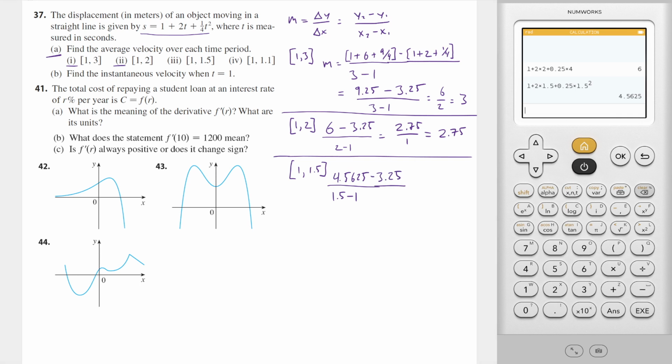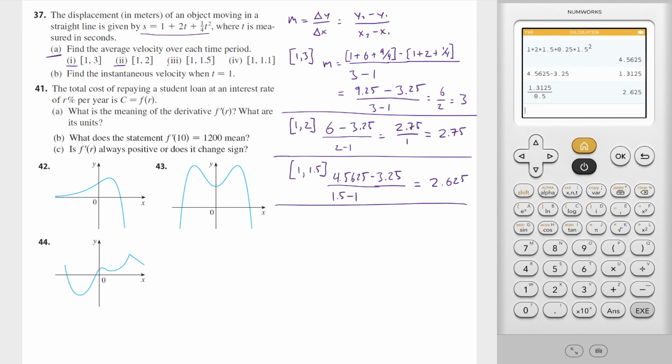Oh, oops, we're going to do answer minus 3.25, and then divide that by 1.5 minus 1, which is 0.5, and I get 2.625. Okay, so 2.625. And at this point, we can start guessing, if you want, what slope we're sort of homing in on. And let's go ahead and do the next one.